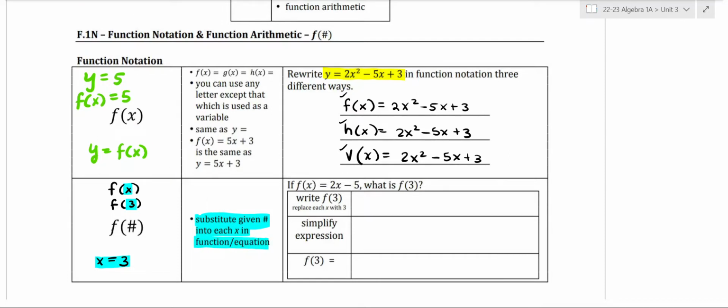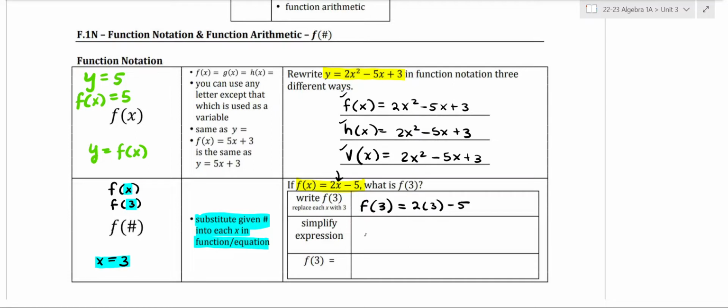So for example, if f of x is equal to 2x minus 5, and they ask you what is f of 3, then all we have to do is write f of 3 equals and replace our x with a 3. So it'd be 2 times 3 minus 5.